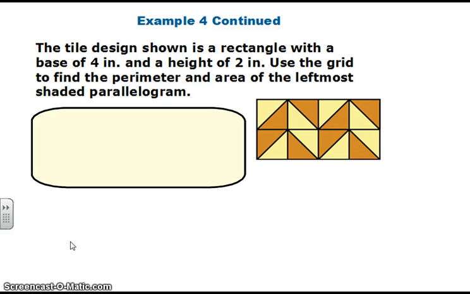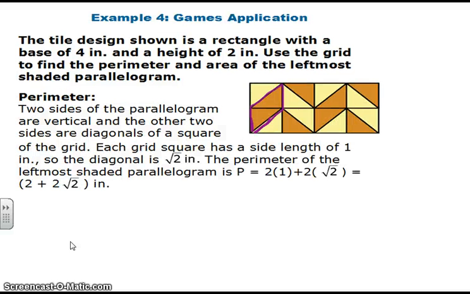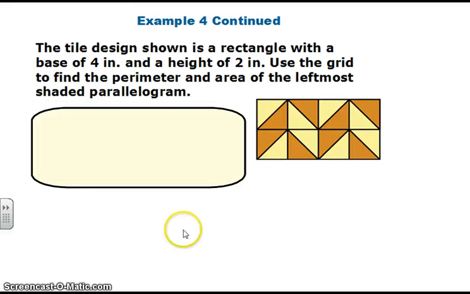Now we're asked to find the area of the leftmost. Were we asked to find the area? I guess we're doing the area at this point, right? So if we're going to find the area of this, we are looking for the base and height of this shaded parallelogram.